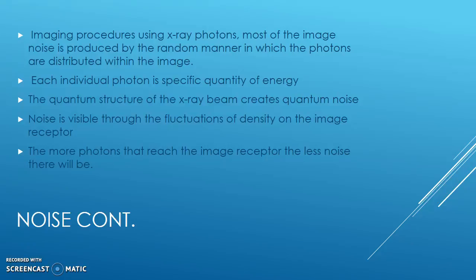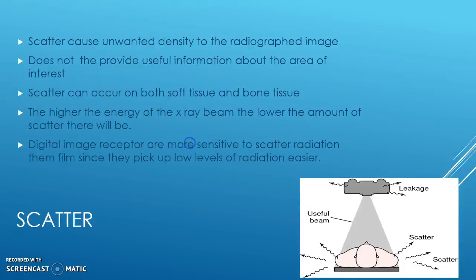Each individual photon is a specific quantity of energy. The quantum structure of the X-ray beam creates quantum noise. Noise is visible through the fluctuation of density on the image receptor. The more photons that reach the image receptor, the less noise there will be.